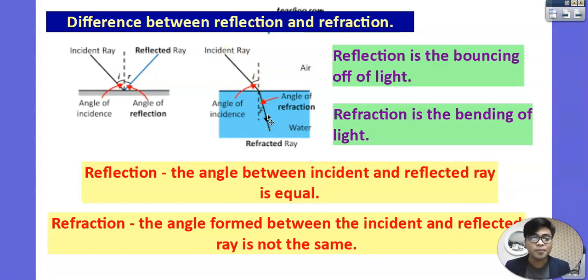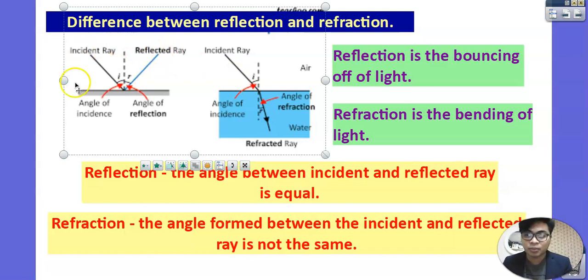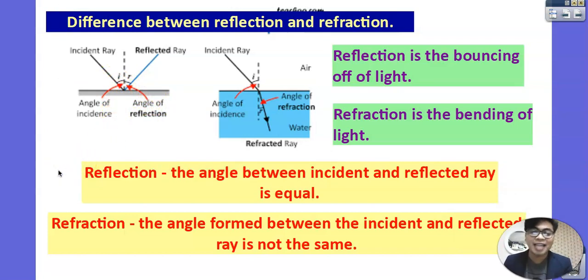So let's also compare reflection and refraction based on the angle which is formed. It is known that in the law of reflection, the angle between the incident and reflected ray is equal, just like what is shown here. They are always equal no matter what. However, for the refraction, the angle formed between the incident ray, the one which I'm pointing to right now, and the angle formed here on the refracted ray, with this one being the normal, is not the same, it is different.